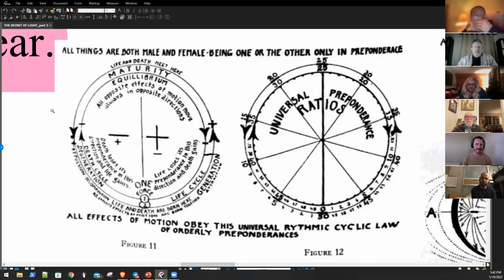We create our reality, we create what we see, what we experience, what we do. So if we're told we only live to be 80 years old, and that's our mindset, that's our belief, then we may only live to be 80 years old. We will create that reality. If we're told we live 120 years, we may create that reality. If we're told we live 500 years, we may create that reality.